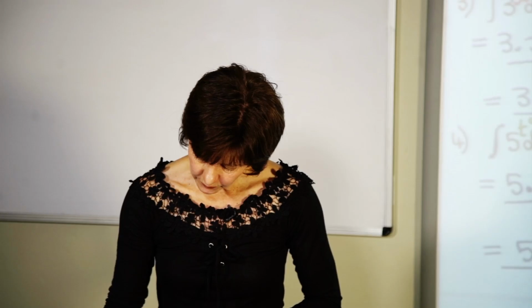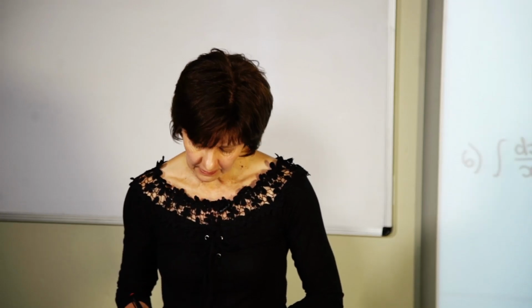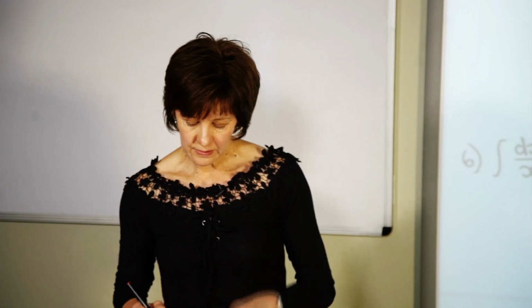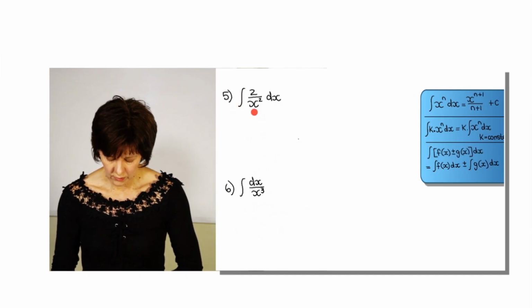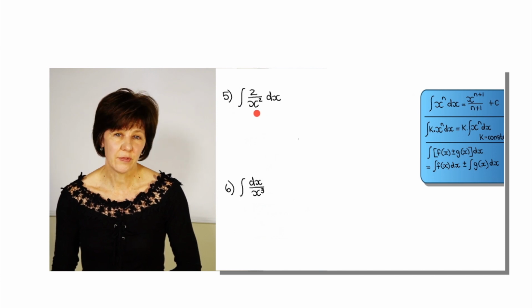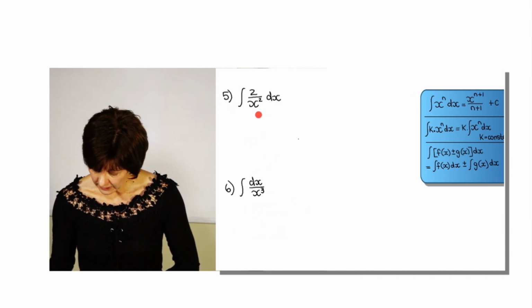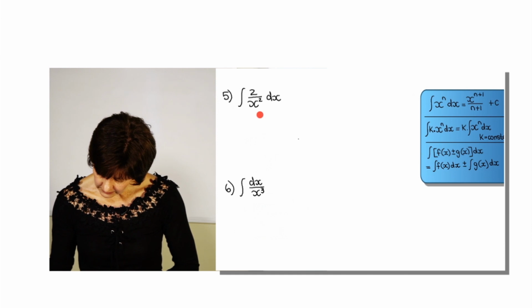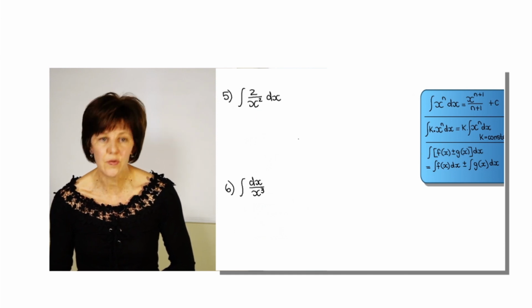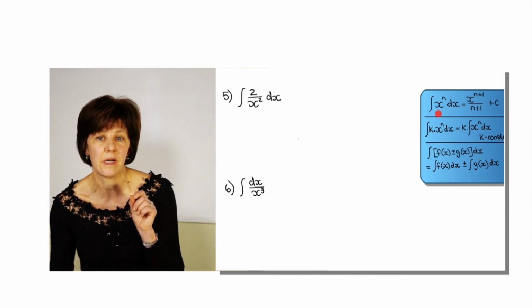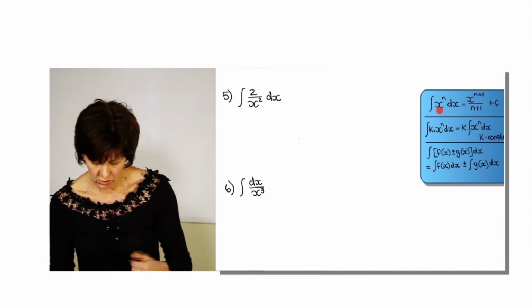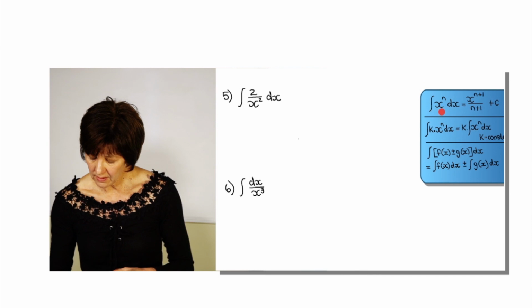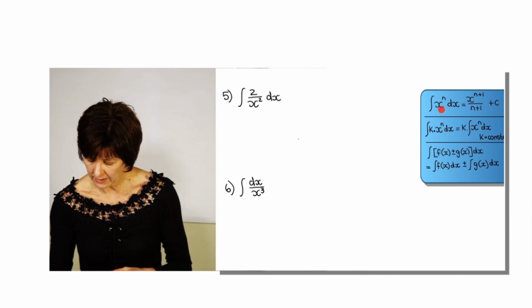The next example, number 5, says I have to integrate 2 over x squared. Now, I have to look very carefully. The rule that I have says if you've got an x to the power n, which means x is in the numerator, not in the denominator, then I have a rule to apply.